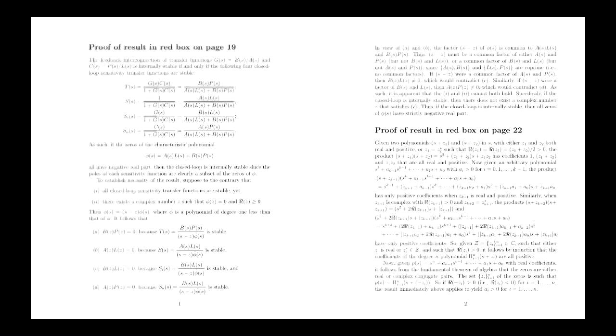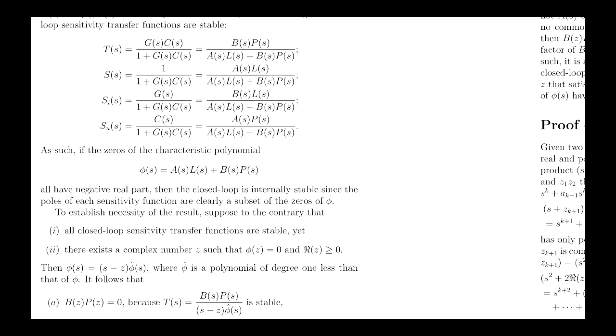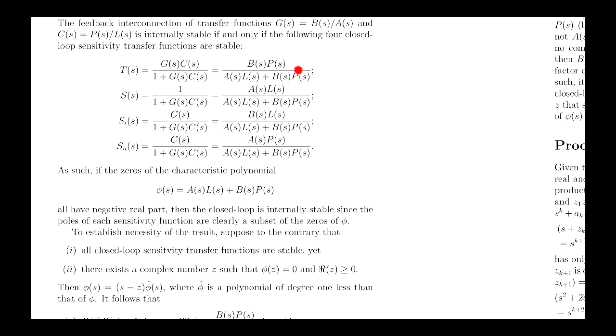There are some additional notes on LMS that prove that fact, and rather than going through a page of proof to show necessity, I'll let you go through it. It simply corresponds to making sure that you can't have zeros of this polynomial in the right half plane being cancelled out in all four.